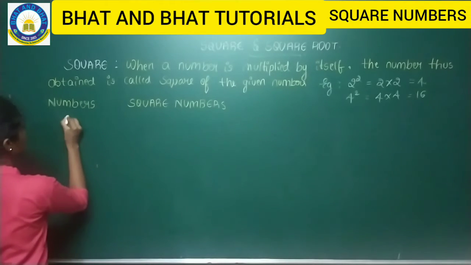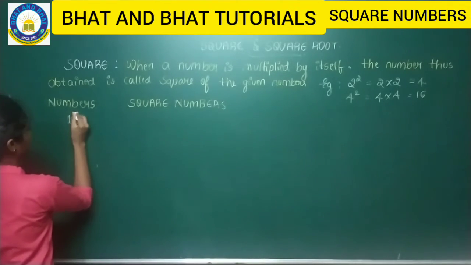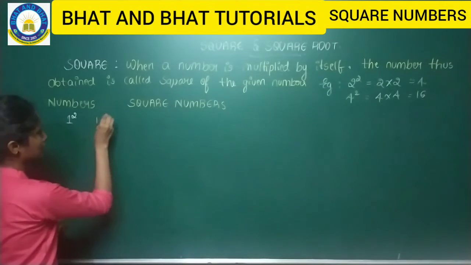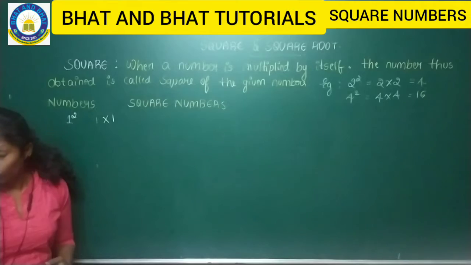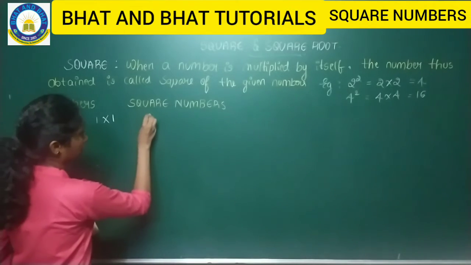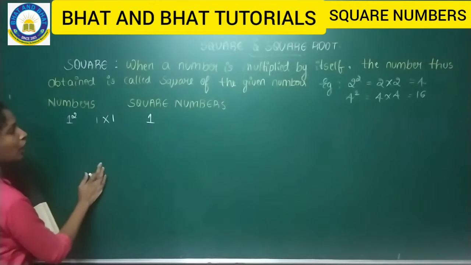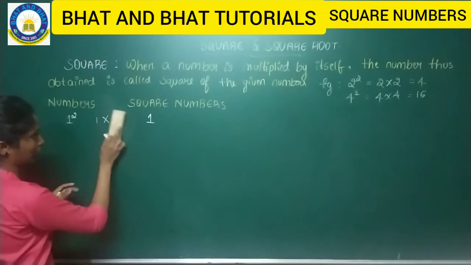So numbers will be, say for example, 1 square. For the square number, you multiply the same number, that is 1 into 1. 1 one is how much? 1 only. So 1 square will be your number and 1 will be your square number.